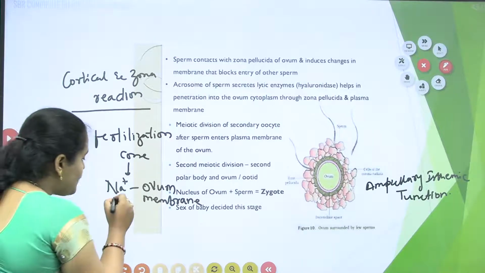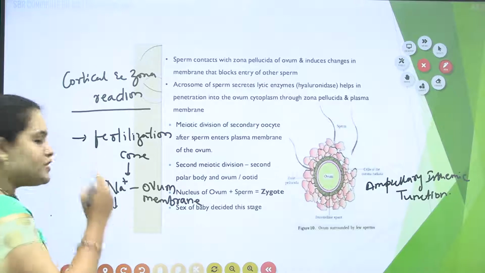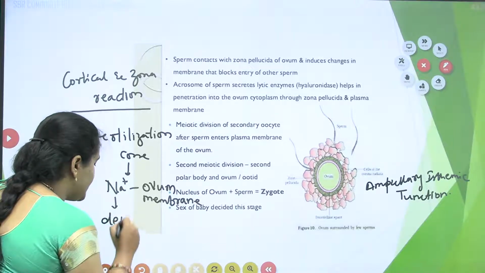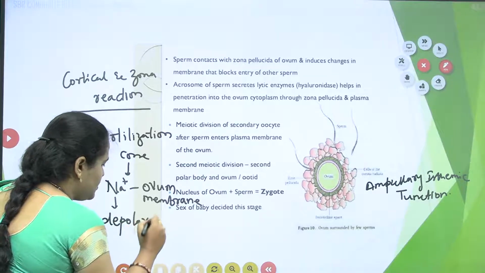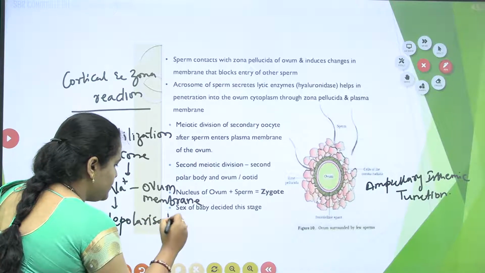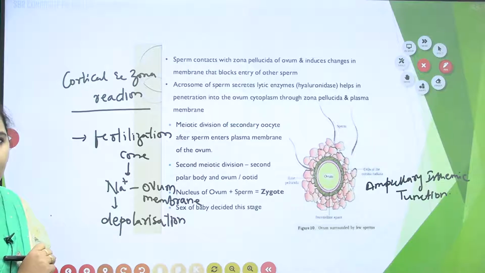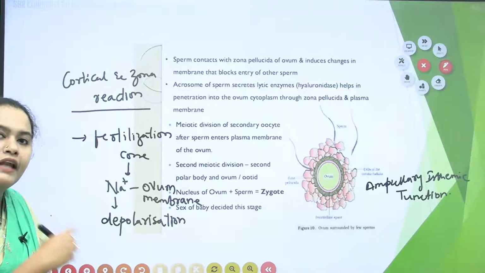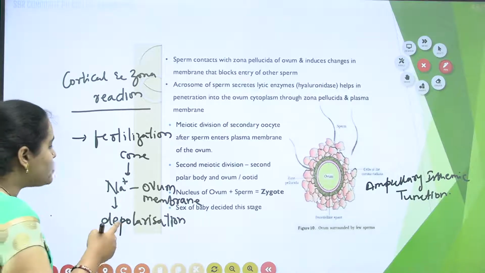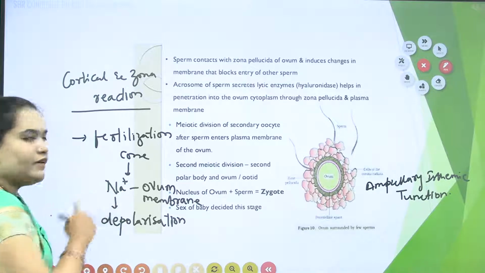This influx of sodium ions causes the depolarization of the ovum membrane. The ovum membrane will get depolarized because of the sodium ions entering.